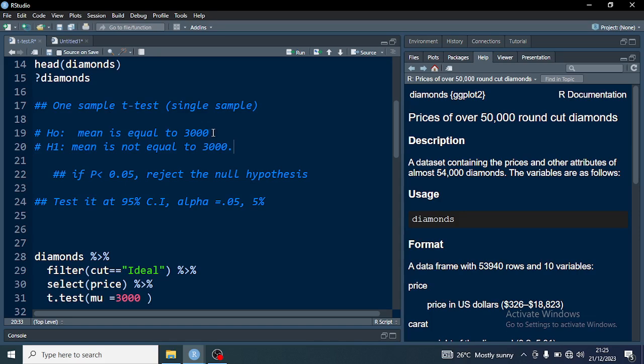What is the probability of us getting that the mean is equal to this value? And if the probability of us getting a mean equal to a certain value at a certain alpha level is very small, that means that we reject the null hypothesis and conclude the alternative hypothesis. So basically that is how science works.